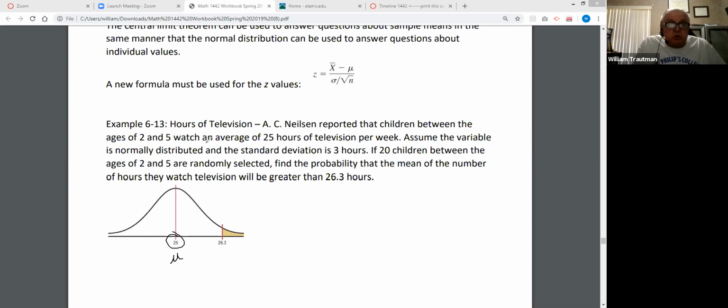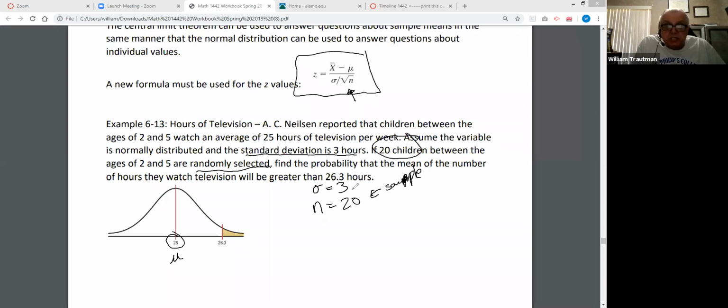Assume the variable is normally distributed and standard deviation is 3. If 20 children are randomly selected, n equals 20, that's a sample. When they say we're going to just look at or talk to 20 children, that's our sample. So we know to use this formula here because we're dealing with the sample.